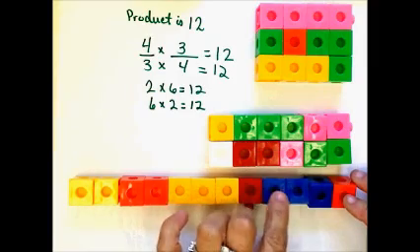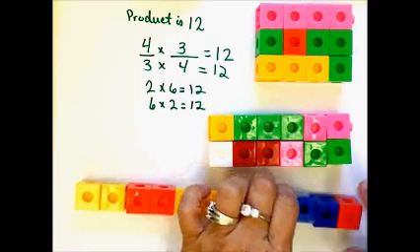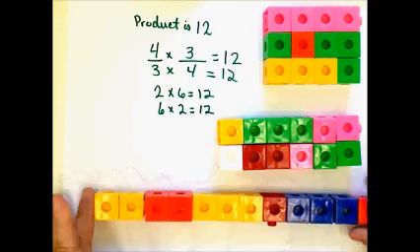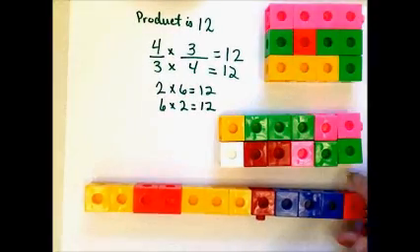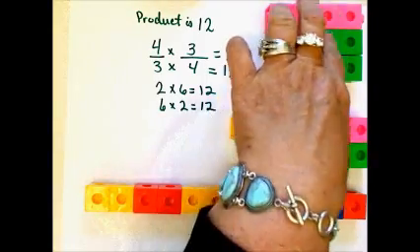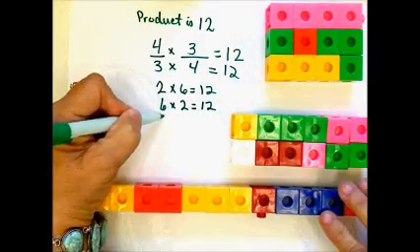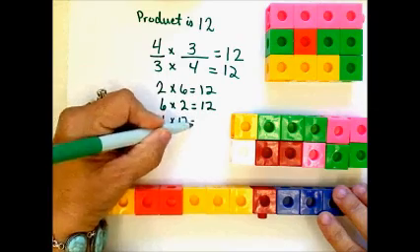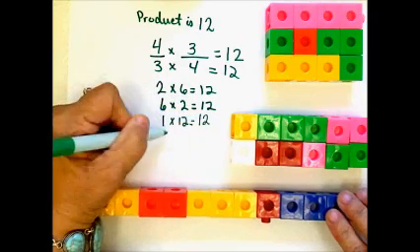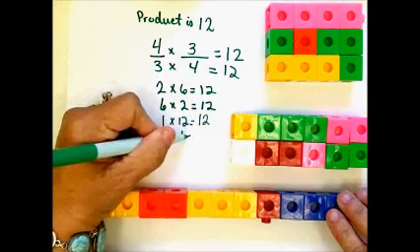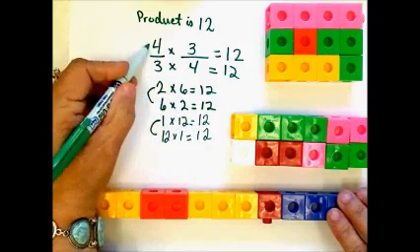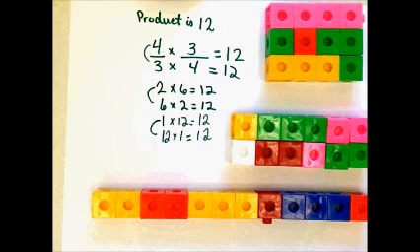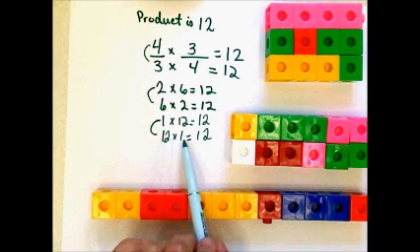Now, if I pulled this apart, I could pull this stick of 1 by 12, and I could make all of these different arrays. So 1 times 12 equals 12, or 12 times 1 equals 12. Now remember, these are the same facts, because the commutative property says I can switch the order. So it really doesn't matter.